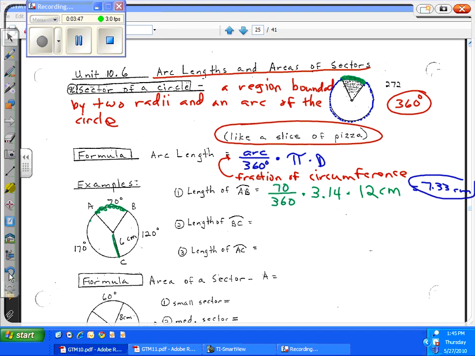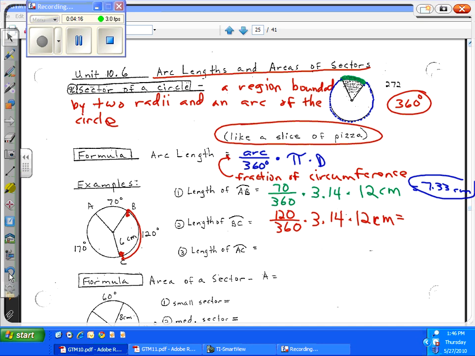Any questions on that? Okay. The length of BC. If we wanted the length of arc BC, we would put its arc measure 120 over 360 degrees times pi, which is 3.14, times the diameter of 12 centimeters.